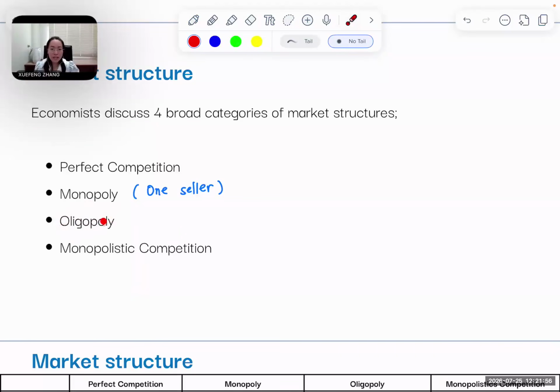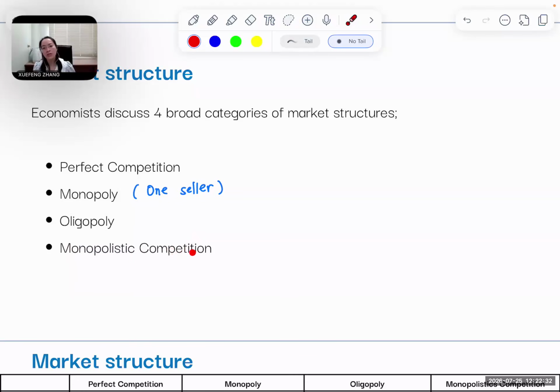In between are two more realistic categories, which most real world markets actually fall into. Oligopoly: a handful of big players dominate. Think Thai mobile networks, AIS, DTAC, True, few enough that each one's decisions affect the others. Next one, monopolistic competition.